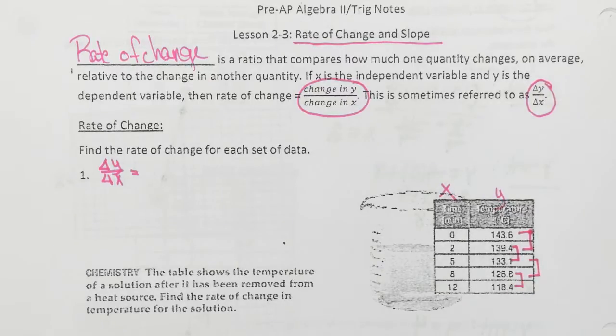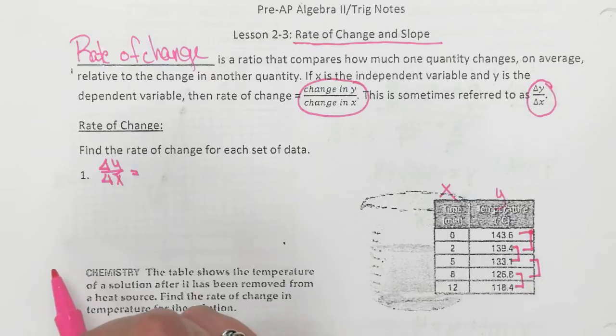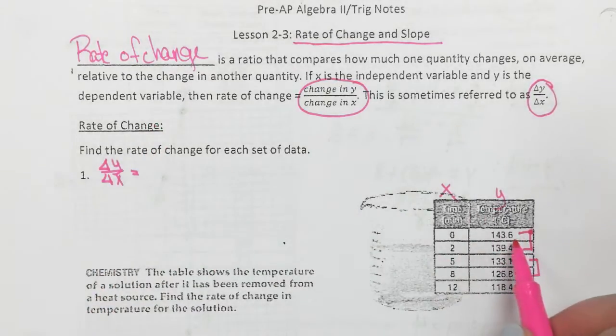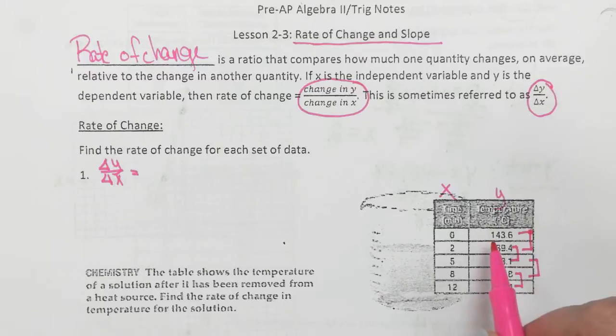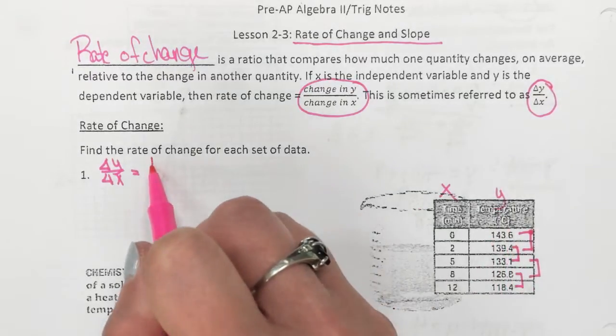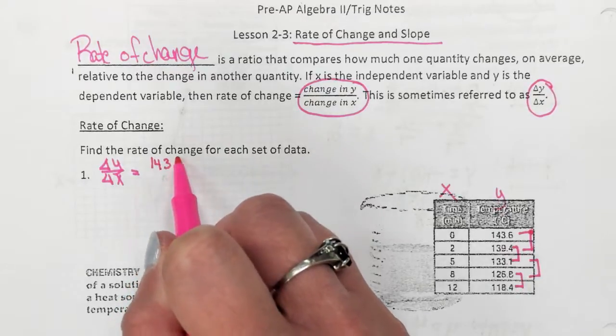Okay, so what we have to do is compare all of their rate of change to see if they're the same or not the same. Does that make sense to everybody? All right, so you do not have to write all of these out, but let's write the first one out just for our notes. It does not matter which one of these y's you start with. 143.6, okay? It does not matter, guys.